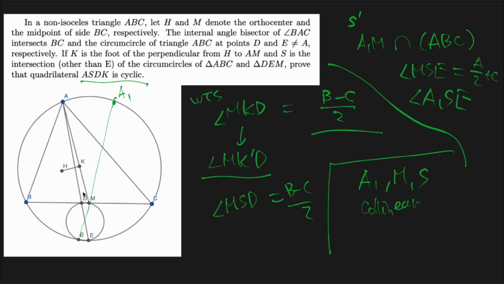But I think the coolest thing here was the reflection we did to utilize the condition of H, because H is just a floating orthocenter and we can't really do much about it until we reflect it over to H prime, which lies on the circle, and we have handled the condition of H, and we've also made use of the information with K so we can actually do something useful. For example, that K prime lies on the circumcircle.